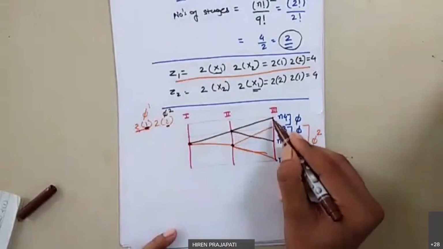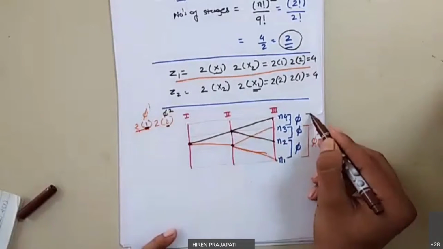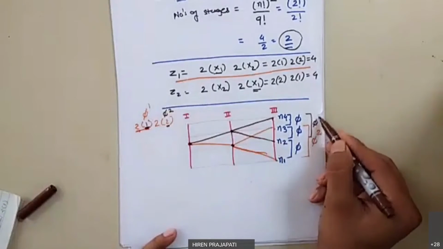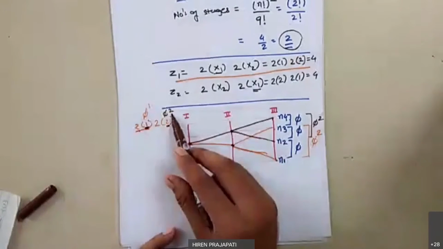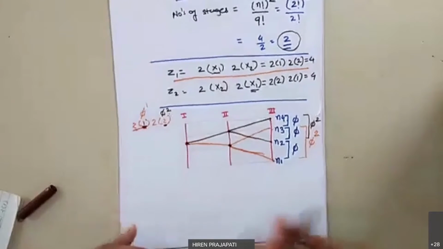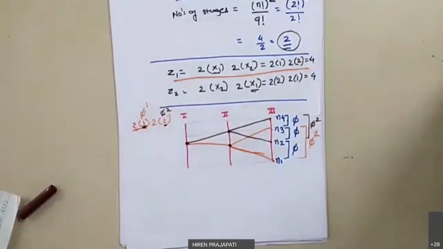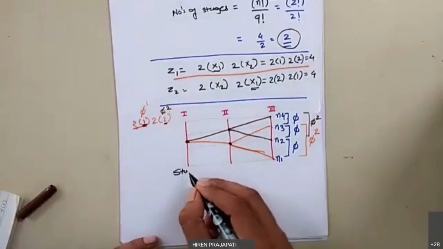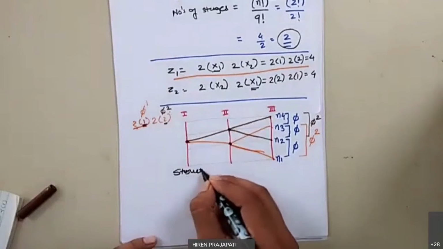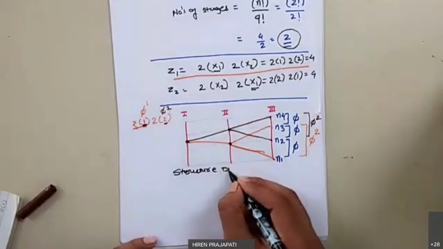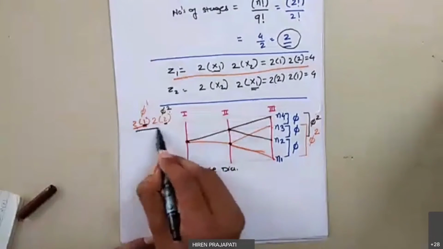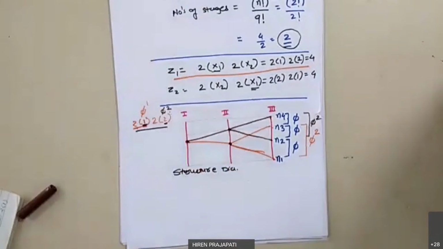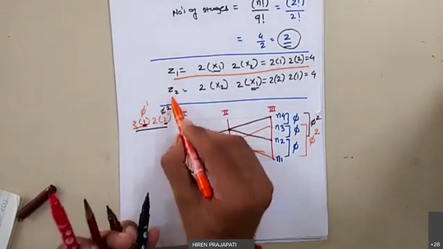So again these two will have a geometric progression of 5:2, because the group characteristics number is 2. So this is what we can call a structure diagram. This is the structure diagram for this structure equation.